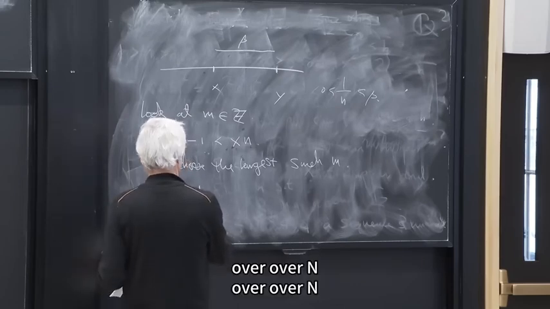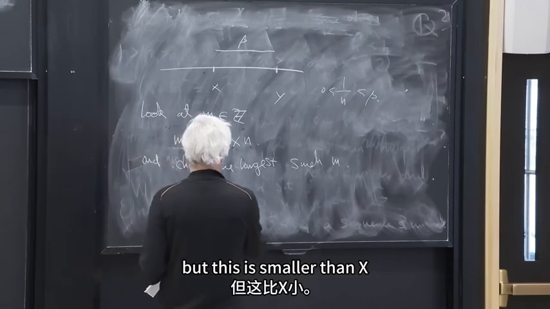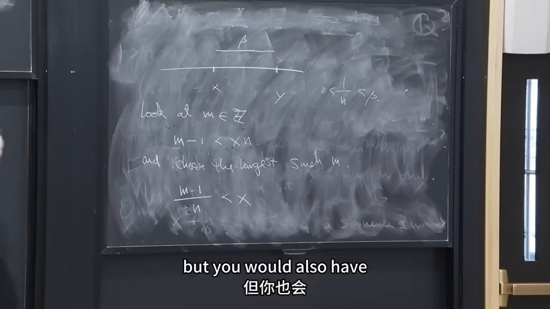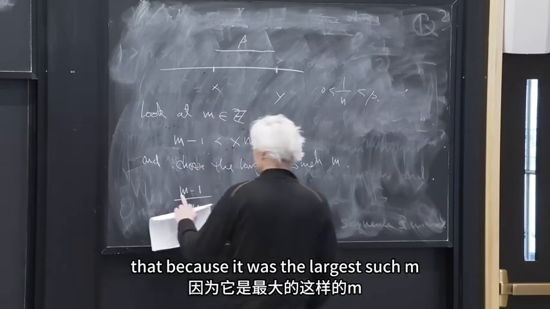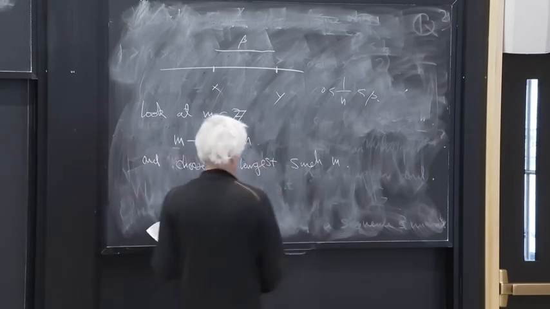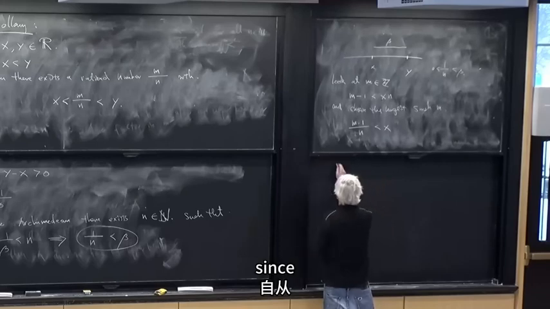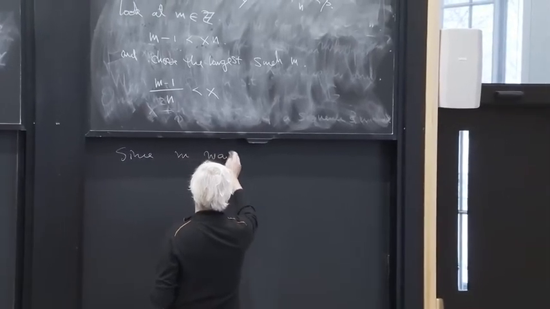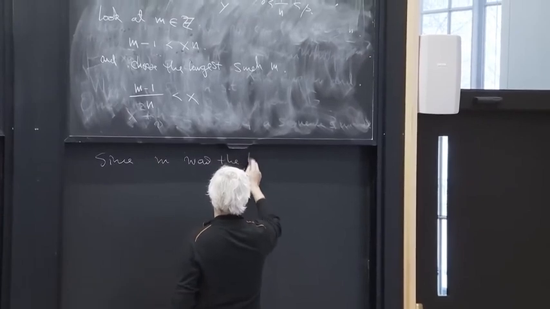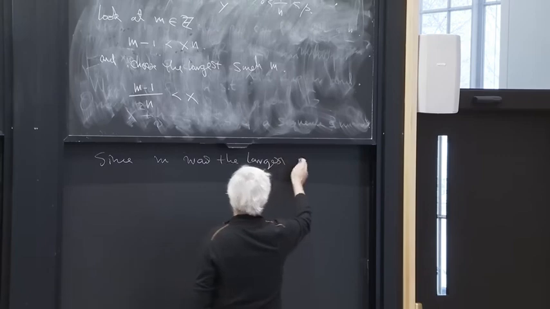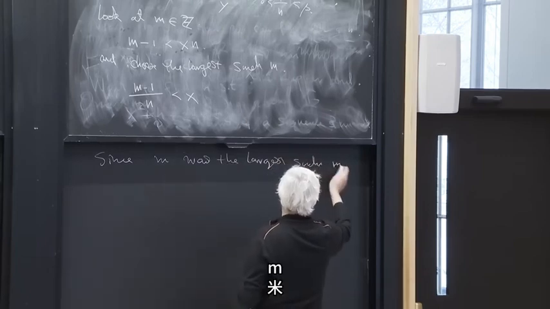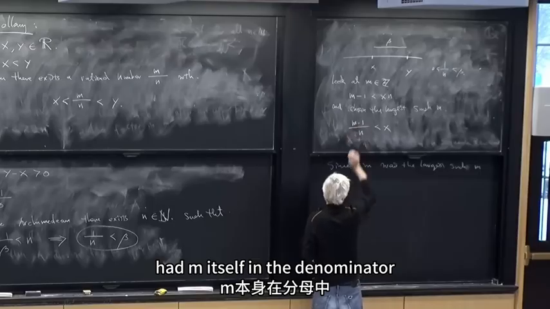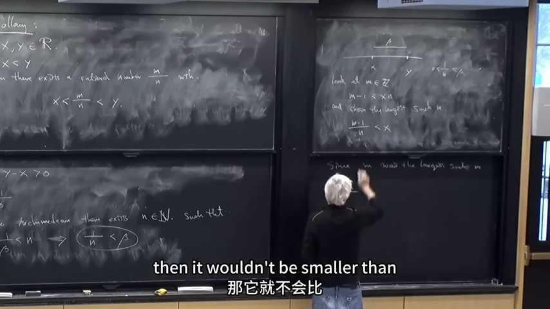over n is smaller than x. Right? But you would also have that, since m was the largest such m, if you had m itself in the numerator, then it wouldn't be smaller than x.